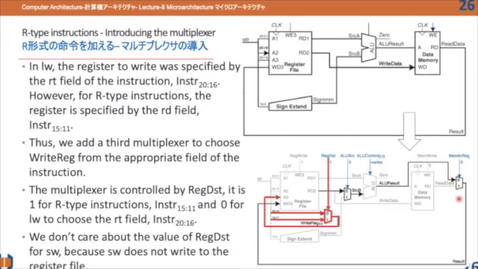And finally, this is another part. So in case of load word instruction, the register file write is specified by the RT field of the instruction.